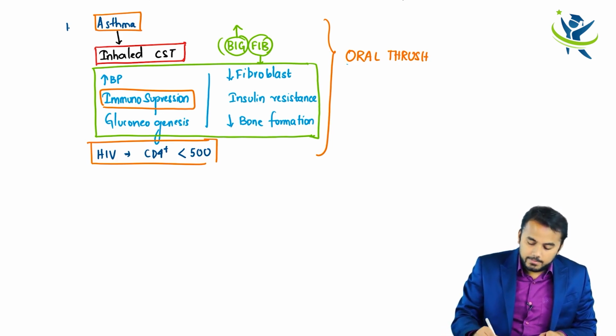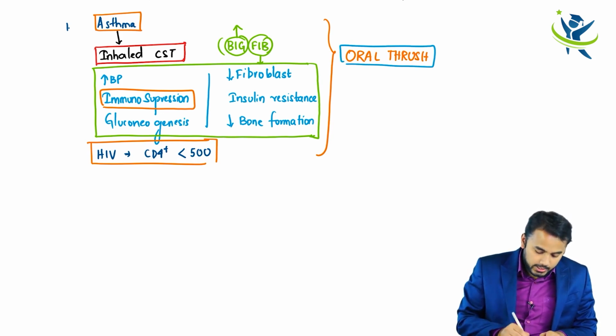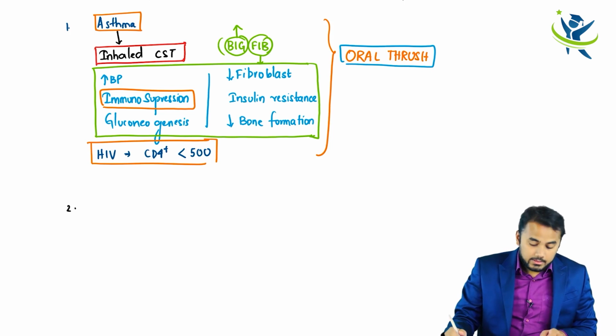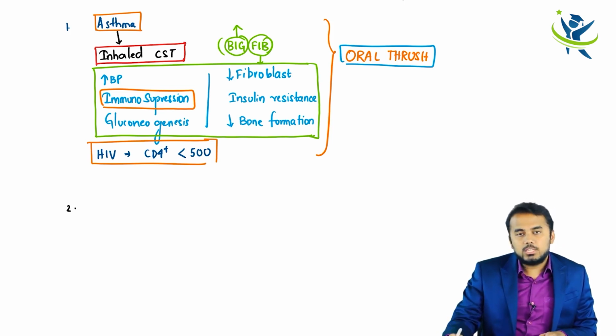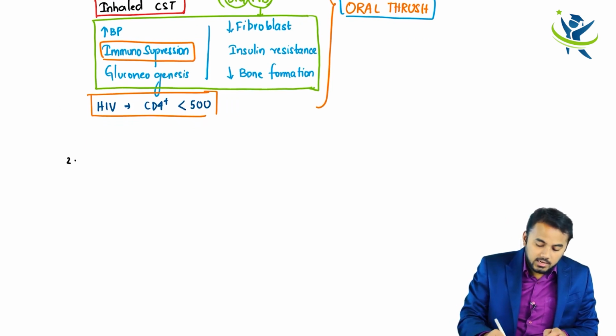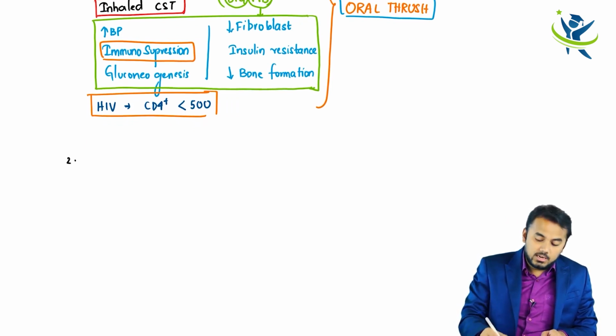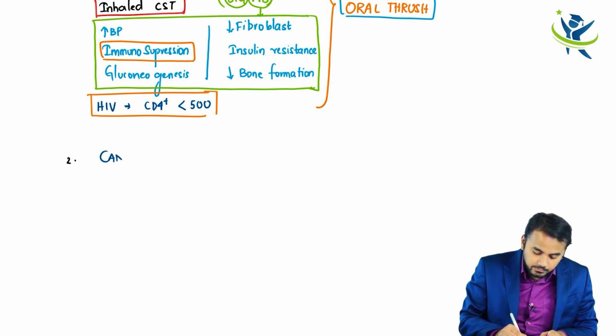The second important thing, after oral thrush, which you need to know is the skin infections. I told you, immunocompetent individuals are going to have mucous membrane as well as skin infections. So the next one which I mentioned here will be the skin infection. And what is the specific skin infection you are going to get, guys? The skin infection is Candida intertrigo.